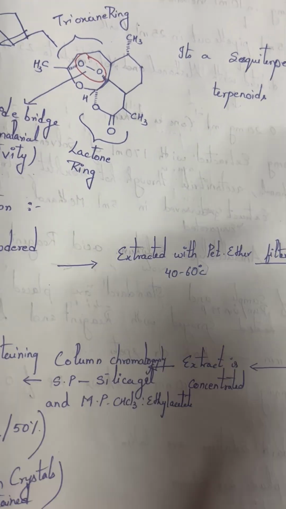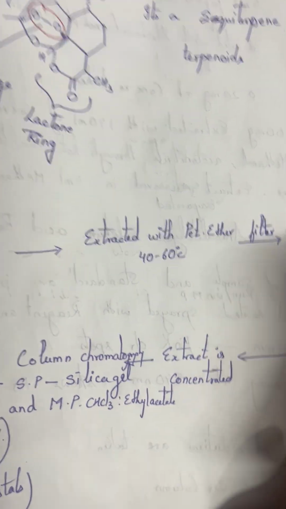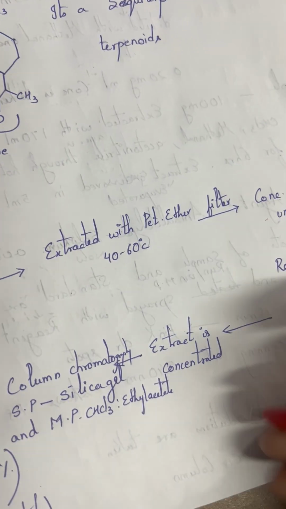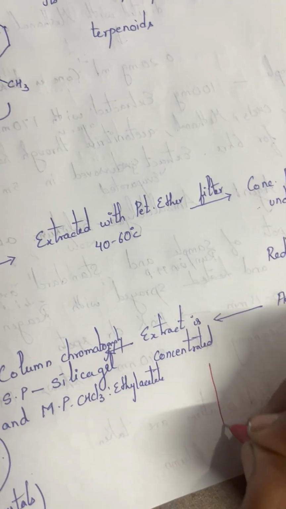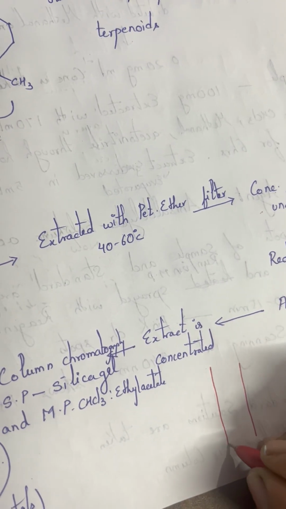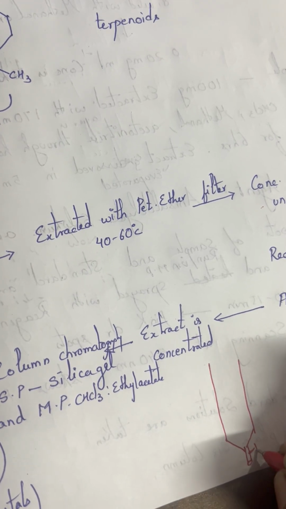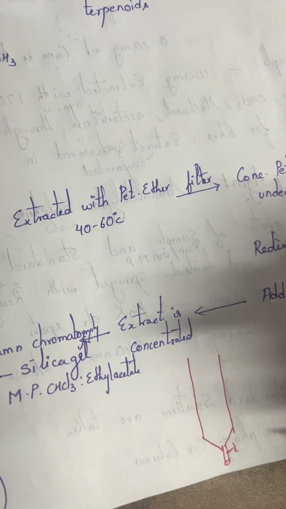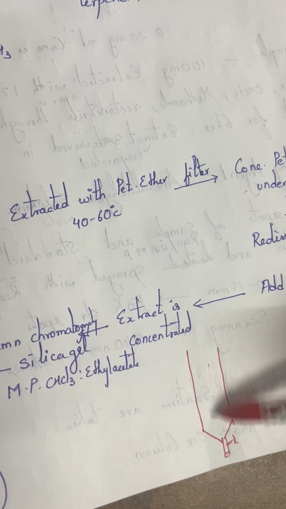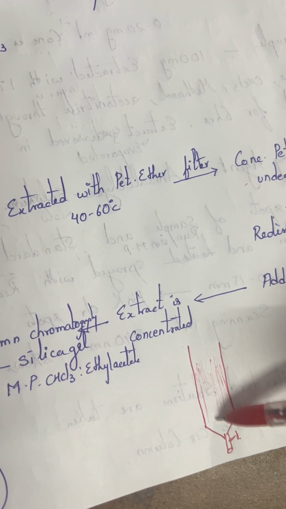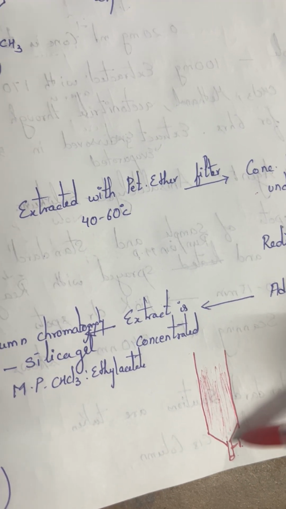In column chromatography, we have the stationary phase, silica gel. This is the column, and the whole stationary phase is made up of silica gel.